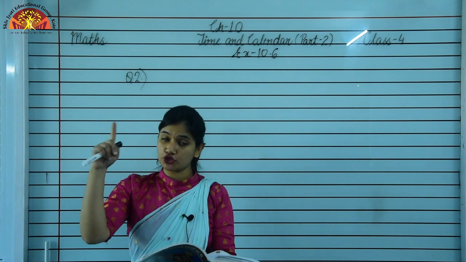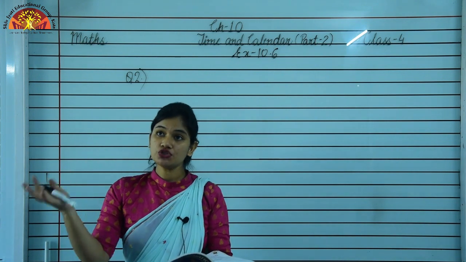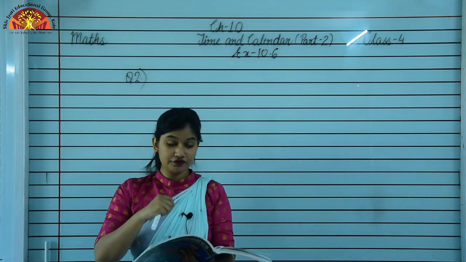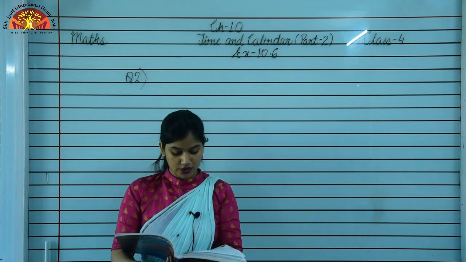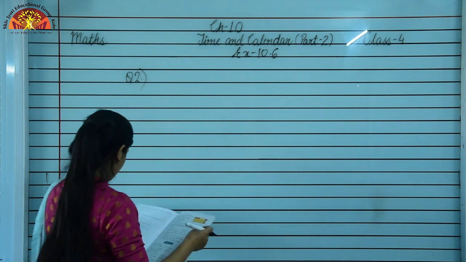She went for shopping at 10:30. Now she is coming back after 3 hours. What time did Seema return home? You have to find the time. So just look here.